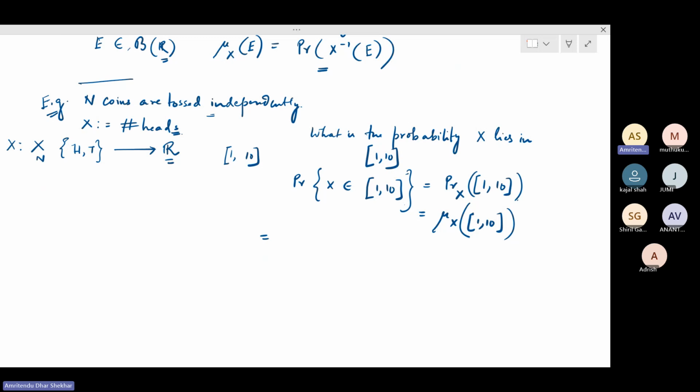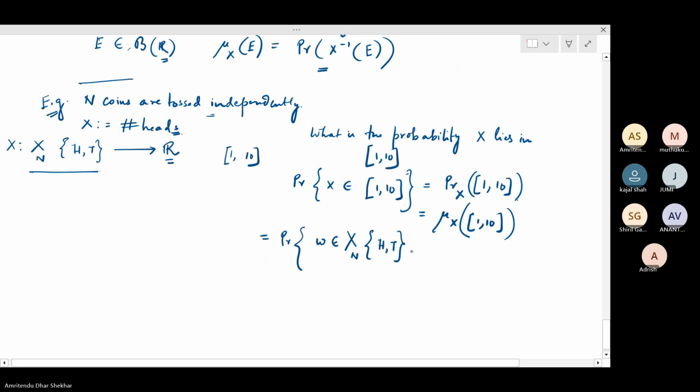So this is equal to the probability of the event, the set of omega, where omega belongs to this Cartesian product, such that x of omega is between 1 and 10.